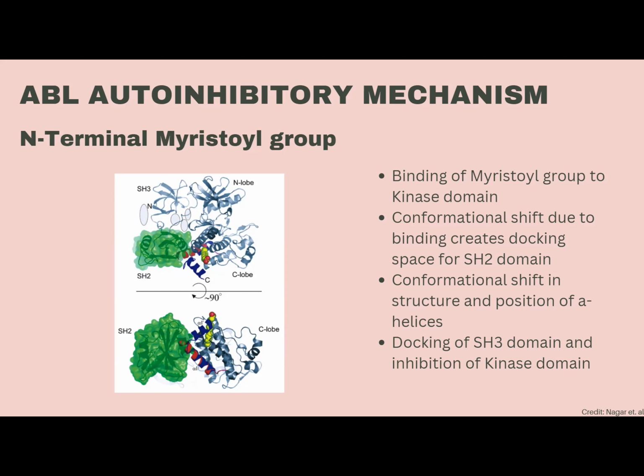Src, like sarcoma, homology 2. And it binds phosphorylated tyrosines. So SH2 is a phosphotyrosine binding domain. And SH3 is a proline-rich region binding domain, which literally stands for proline something something domain. So it's a proline-rich region binding domain.